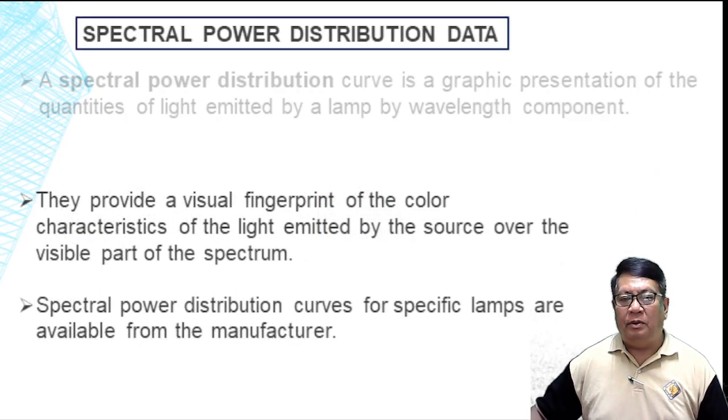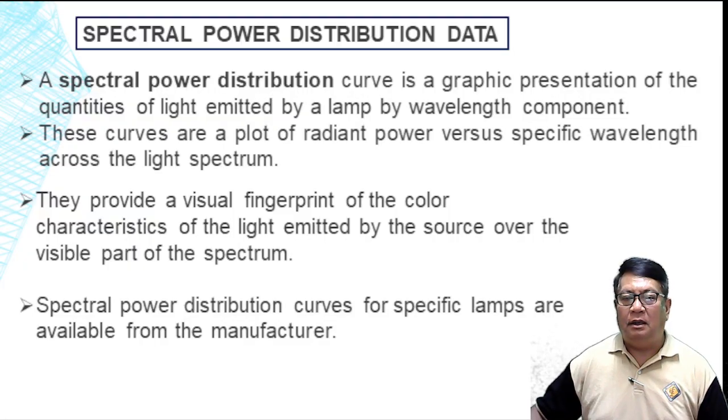Okay, so we have this spectral power distribution data. What is this spectral power distribution? It is a graphic presentation of the quantities of light emitted by a lamp by wavelength component. These curves are plots of radiant power versus a specific wavelength across the light spectrum.